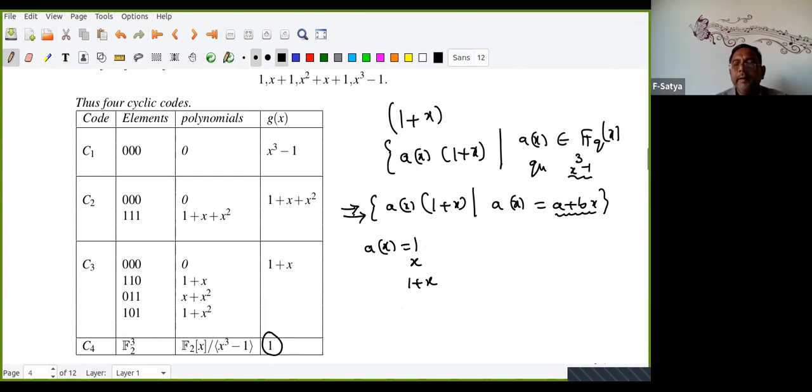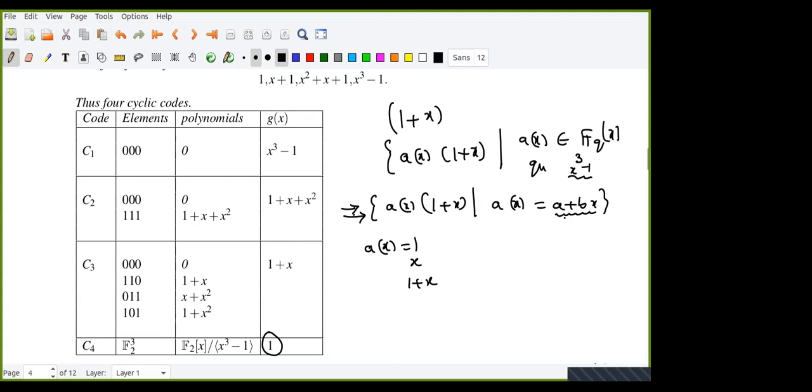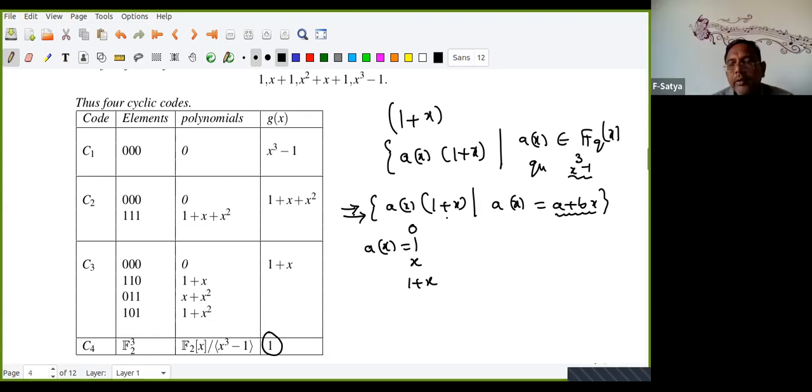Zero will obviously be zero. So now if you multiply them, what are the possibilities? Look at them.